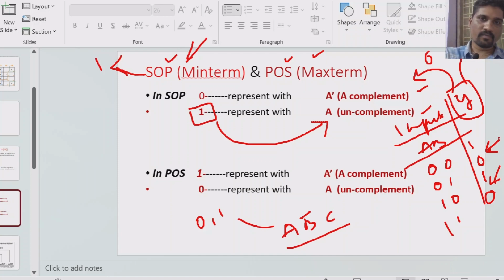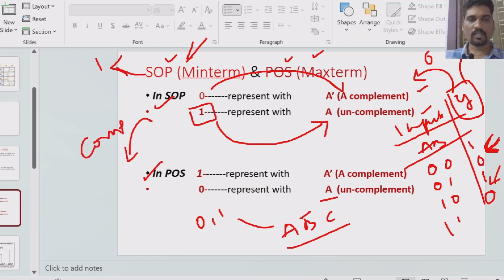But 0 is not for representing the output in SOP, so then we need to write the complement form. Now come to the POS function. If it is 0, we need to write A. Why? Because POS represents the output as 0. Or one more easiest way: if you remember the SOP function, then the complement of the SOP is nothing but the POS function. What do you mean by this?